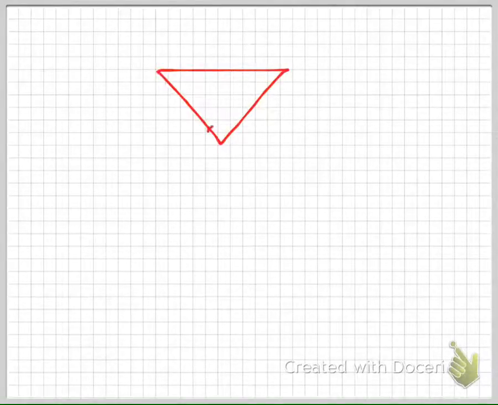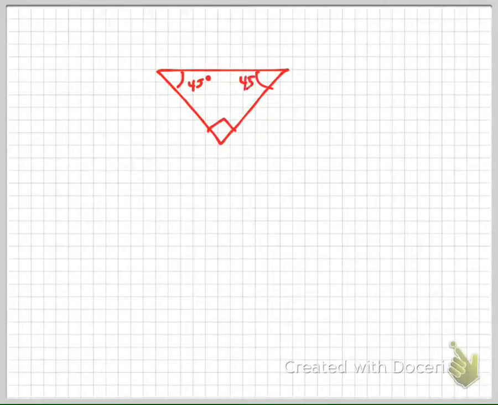The next lesson is special right triangles. There are two special types of right triangles. One of them is the triangle that is exactly 90 degrees, which makes the other two angles 45 and 45. Why are those guaranteed to be 45?